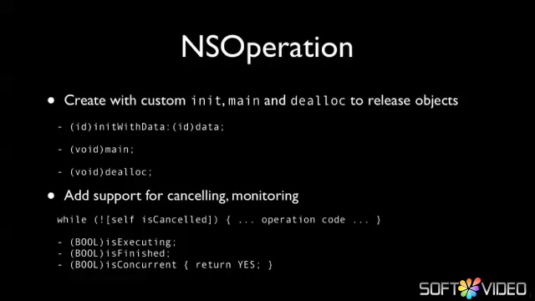Typically, isConcurrent will return yes to define a concurrent operation, and if you're running an NSOperation outside of an NSOperationQueue and you want it to run concurrently, then you will return isConcurrent yes. Now we'll come to an example of creating an NSOperation in one of the lessons in this chapter. But for now, that was our look at threads and concurrency.